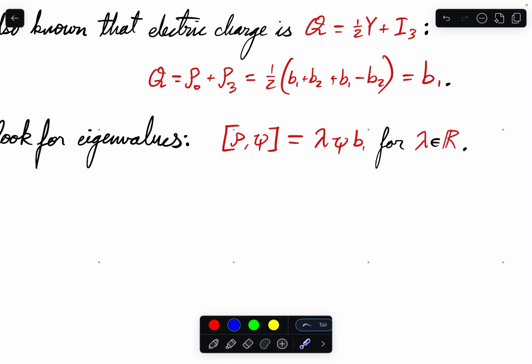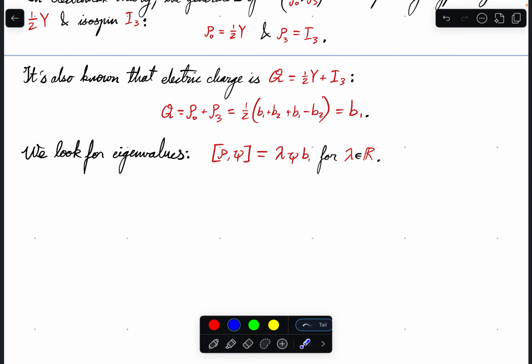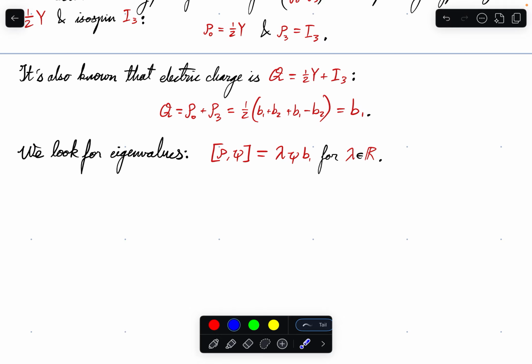This is the eigenvalue equation. In traditional Lie theory, you usually have lambda psi with the imaginary unit i here. But as covered in the previous videos, the bivector B1 covers the role of the imaginary unit. So we're looking for eigenvalues here.